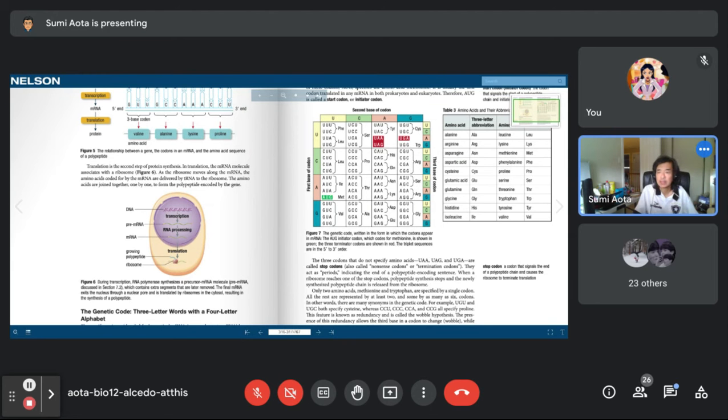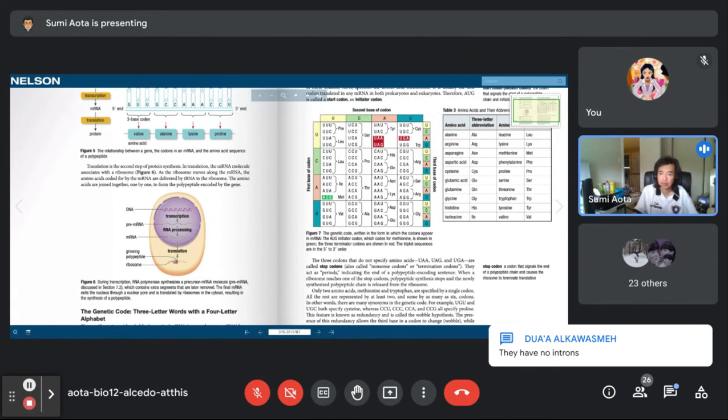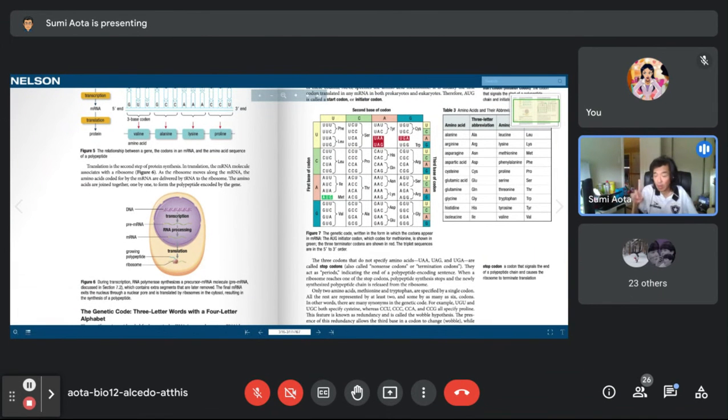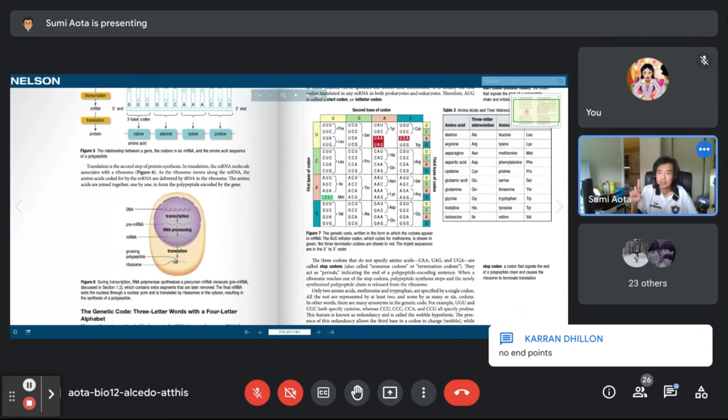What are advantages that prokaryote cells have over eukaryotic cells when we're talking about protein synthesis? Yeah, okay, that's the big one. They have no introns. Okay, that's one advantage. What advantage does the fact that they have circular DNA also give them? What else do they lack? No endpoints, which means that they don't have what occurring?